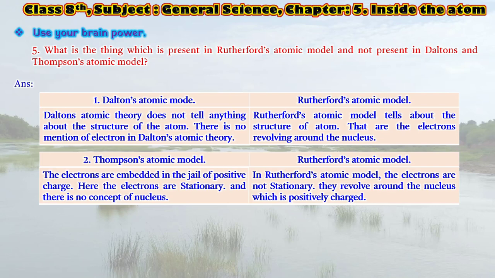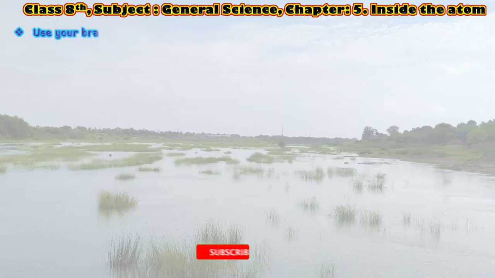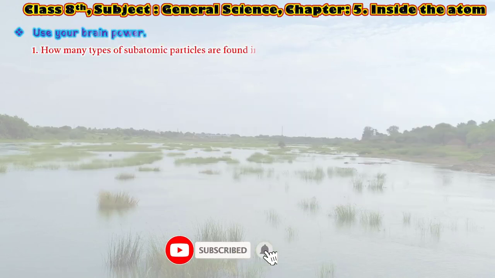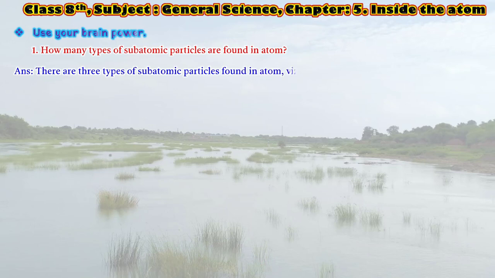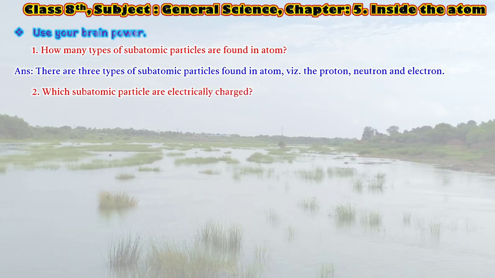Use your brain power. First one. How many types of subatomic particles are found in an atom? Answer is: there are 3 types of subatomic particles found in an atom, viz. the proton, neutron, and electron. Second question is: which subatomic particles are electrically charged?